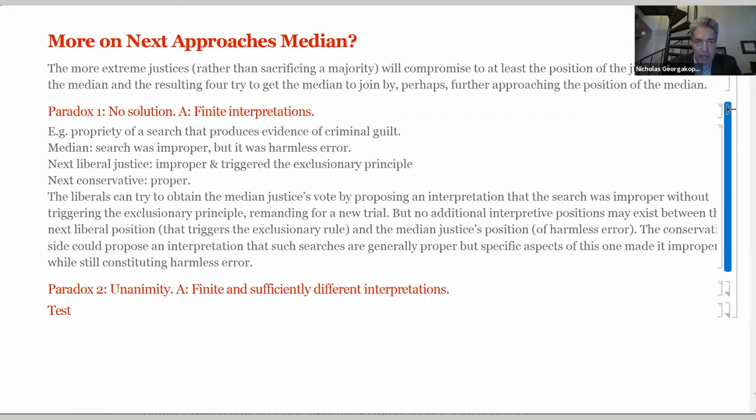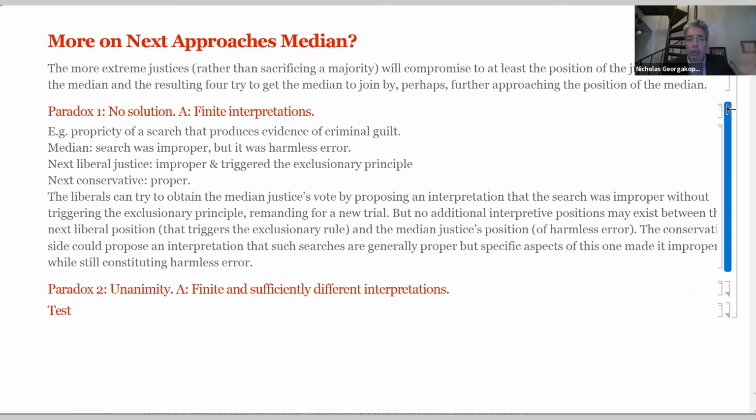We consider the propriety of a search, and the median justice's position is that the search was improper, but it was harmless error, which means that it does not trigger the exclusionary rule, and the defendant's trial can stand.